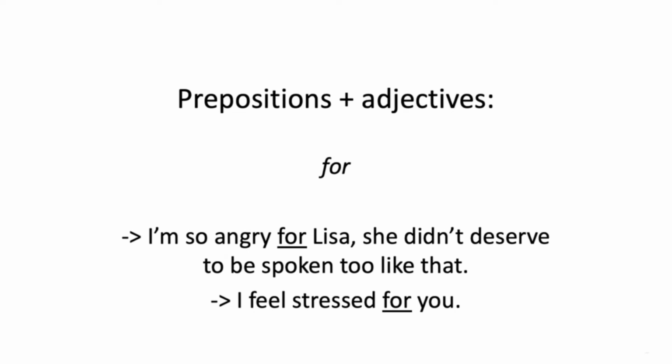We also use for to explain the cause of a feeling. I'm so angry for Lisa. She didn't deserve to be spoken to like that. If we had used the preposition at, that would mean that I, the speaker, am mad at Lisa.